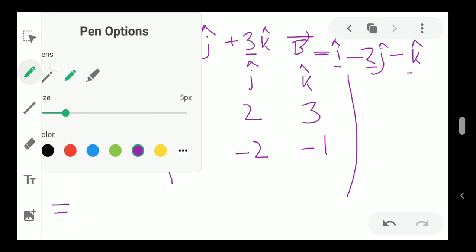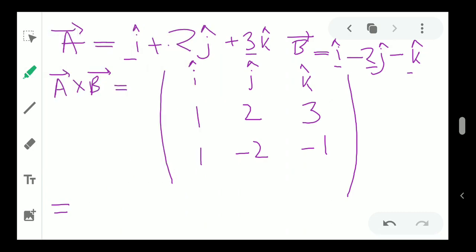First you have to take your I value, and you have to consider these terms.